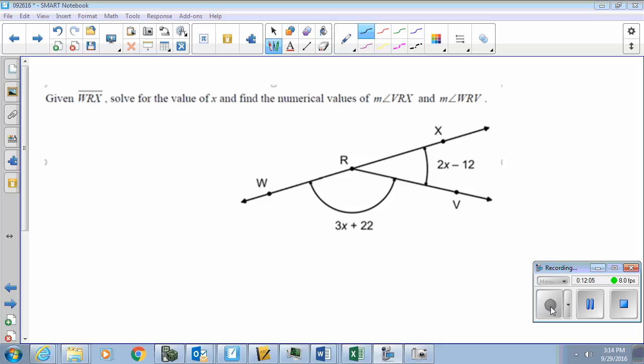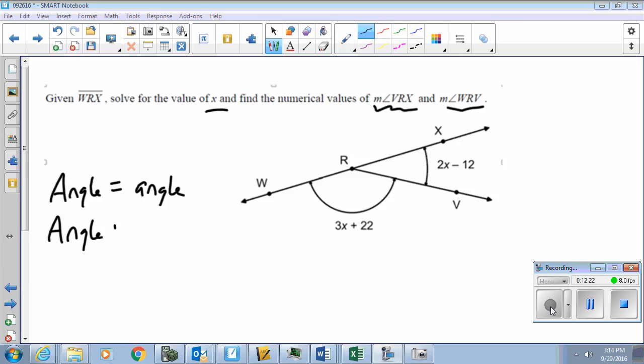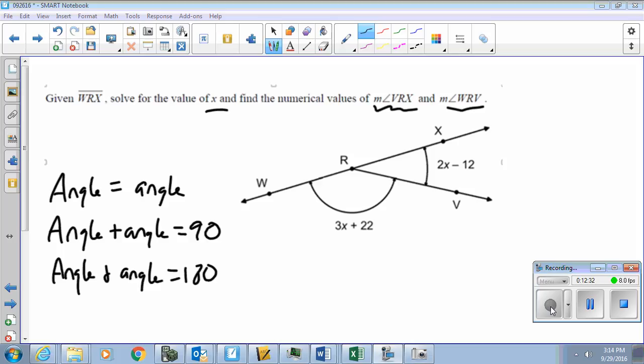You're looking for the value of x. You also want to find the numerical value of these two angles. So it's going to be one of your three options. It's going to be angle equals angle. It's going to be angle plus angle equals 90, or angle plus angle equals 180. You have to determine what it's going to be based on what you see here.